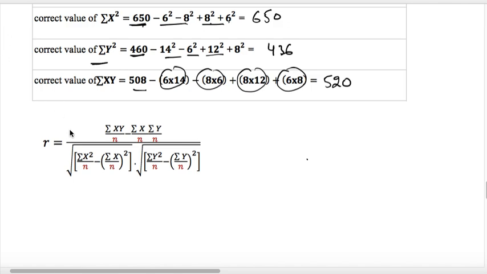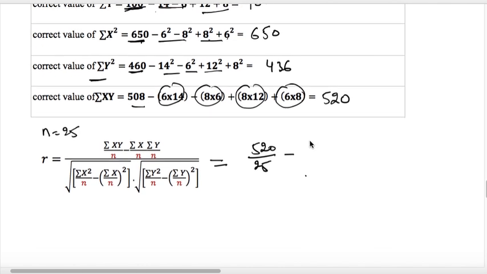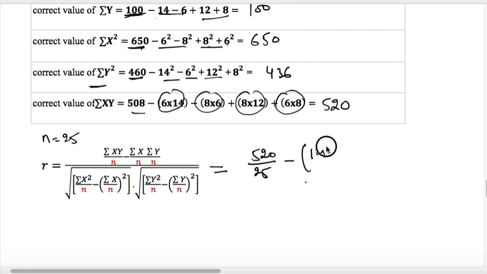So here n is equal to 25. When we substitute the values, summation of xy is equal to 520. This time I am using this formula, and n is equal to 25, minus sum of x, which is 125, divided by 25, and this is equal to 100 divided by 25.